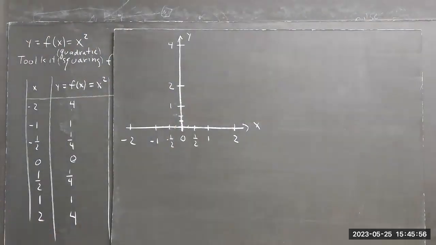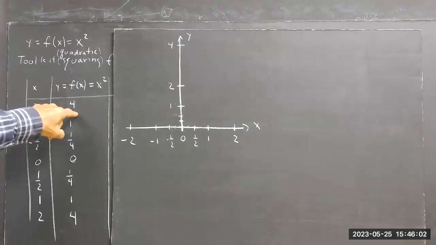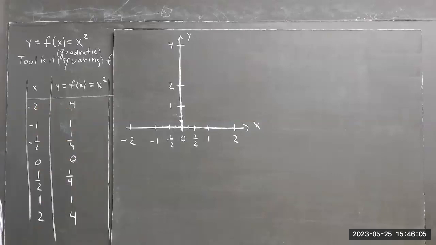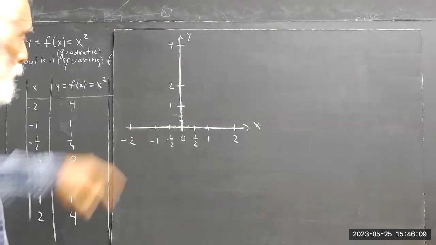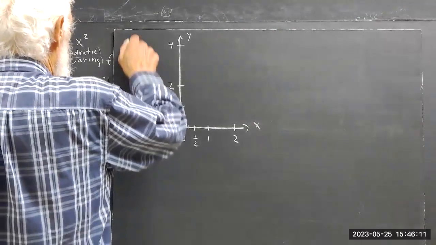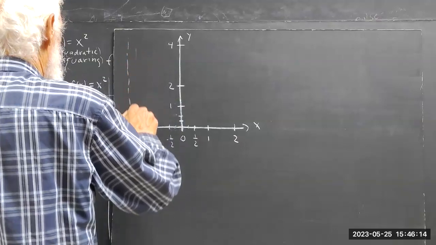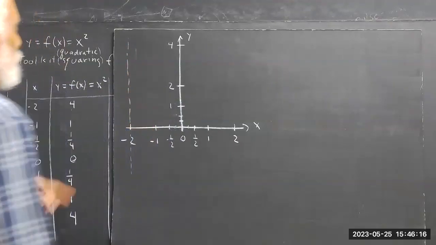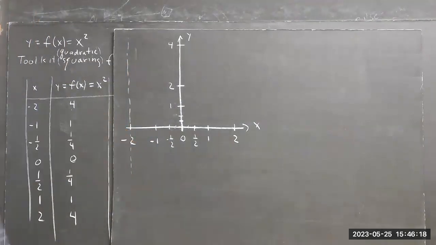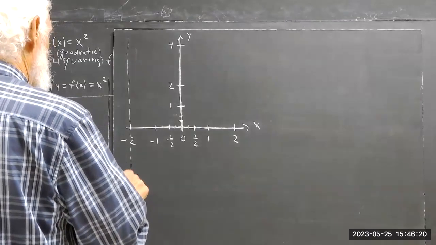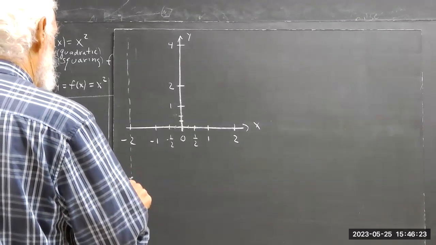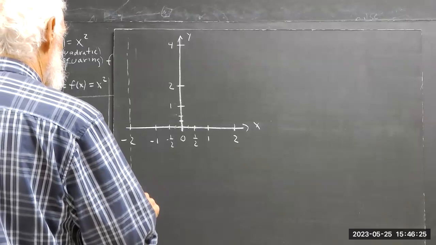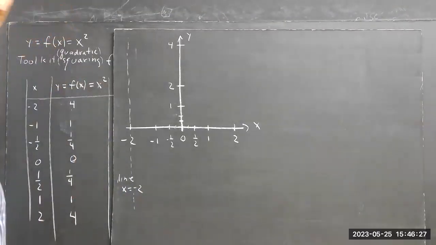Now we plot points. Well, the point corresponding to x equals -2 has a y coordinate of 4. X equals -2 here, and x also equals -2 everywhere above and below this point. So this is our line, x equals -2. Just write it with a dotted line.